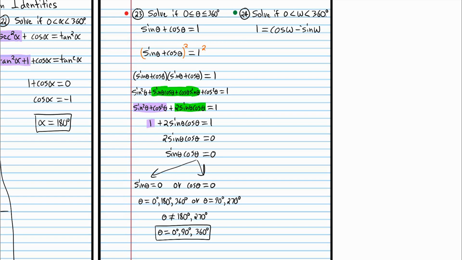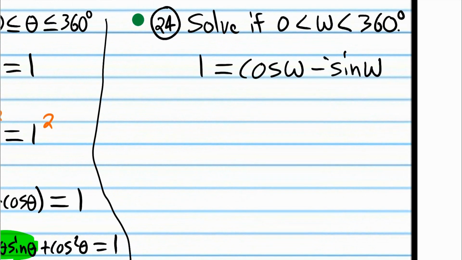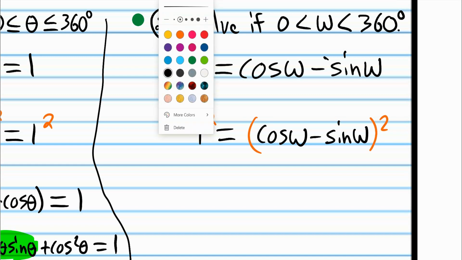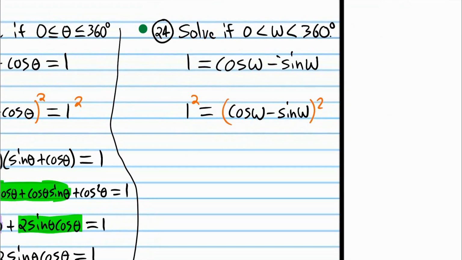All right, we're back. So again, we're going to use that special technique to square both sides of the equation and use the Pythagorean identities. So we get cosine omega minus sine omega times cosine omega minus sine omega is equal to 1.